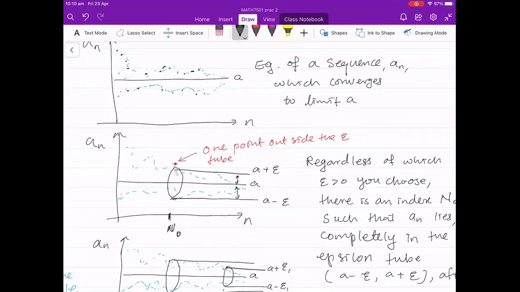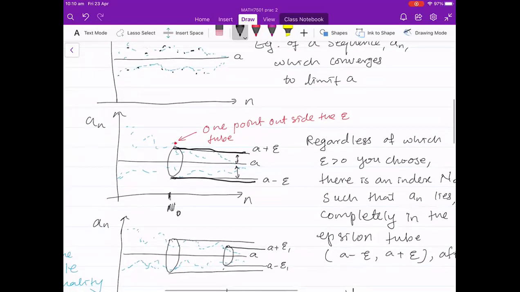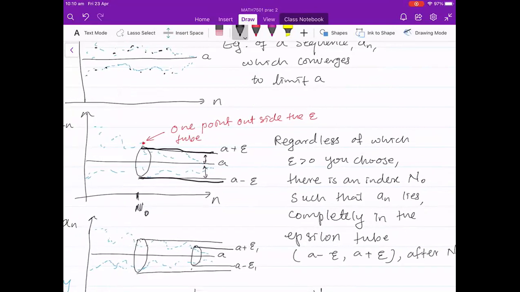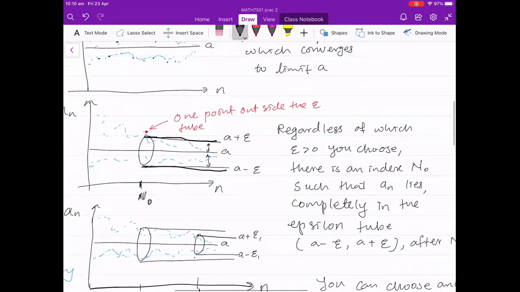After that n0, the sequence is within that epsilon tube. Regardless of which epsilon you choose, there is an index n such that a_n lies completely in that epsilon tube. Okay, that's the definition.